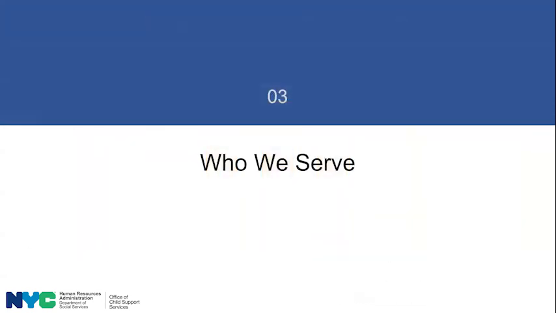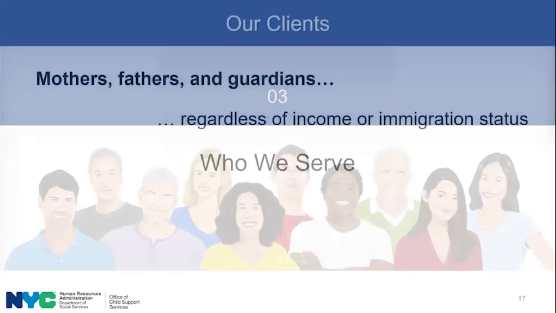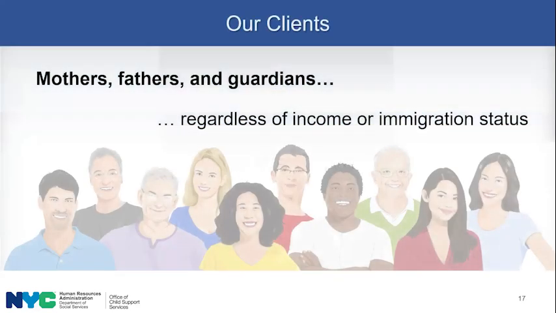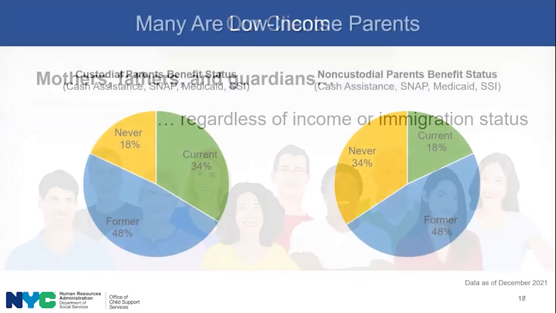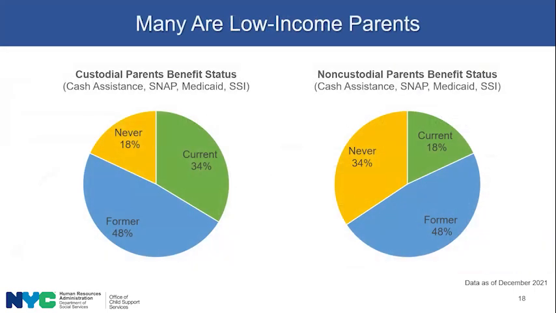Okay, so let's talk about who we serve with the child support program. Next slide. Our clients are diverse. We help mothers, fathers, and guardians, regardless of income or immigration status. Next slide. Also, many of our parents have low incomes.